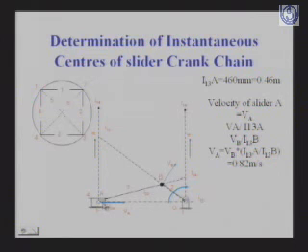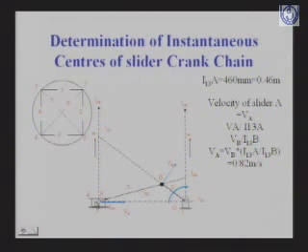So between these two the instantaneous center is lying at infinity. Suppose this is your link 2 and this is your link 3, so the intersection point is this one, so I23 will lie here.